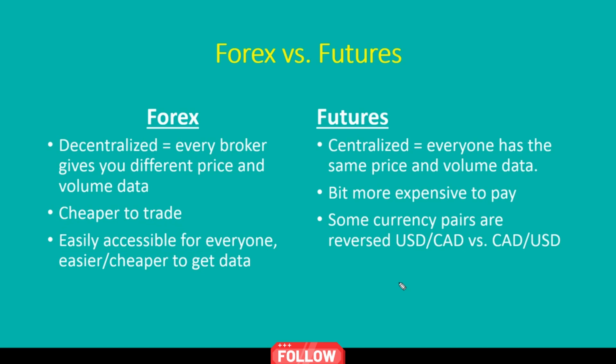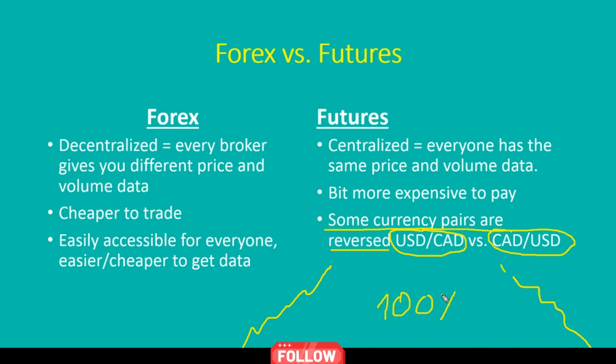Also, one more thing I would like to point out is that some currency pairs are reversed. For example, US dollar/Canadian dollar is Forex, whereas on futures, it's Canadian dollar/US dollar. What this means is that if Forex goes upwards, then futures goes downwards. The correlation is around 100%, I should say minus 100%, because the price goes the other way, but otherwise it moves the same.